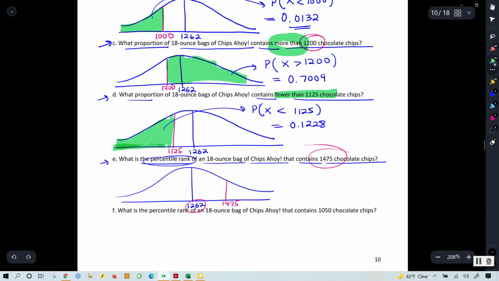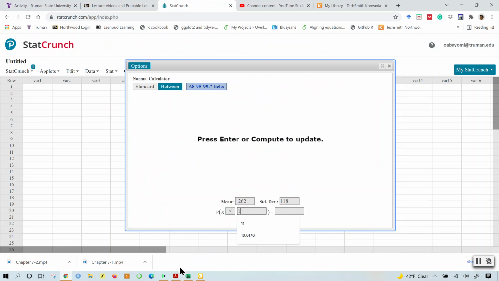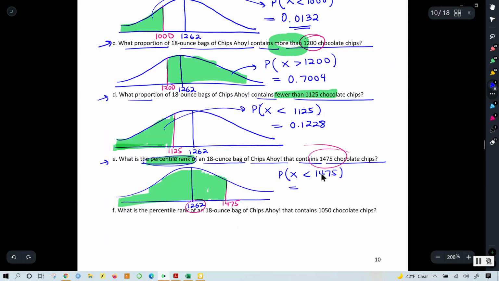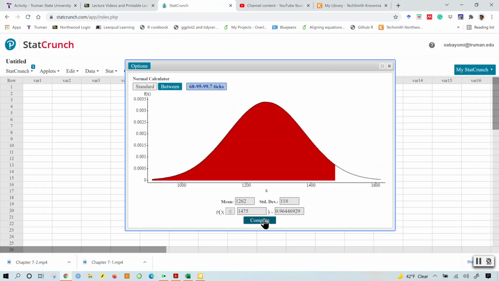And since we're talking about percentile, percentile always concerns the region equal to that value or less than that value.